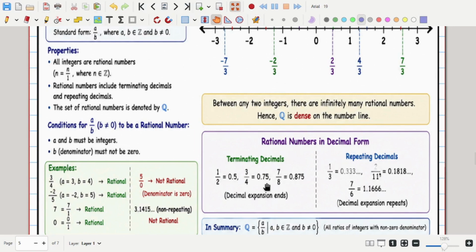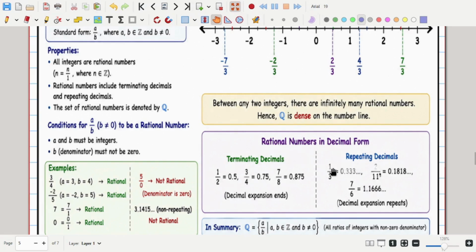After 5, the decimal terminates. 7 by 8 is equal to 0.875. After this, the decimal terminates. So the decimal expansion ends. Therefore they are called terminating decimals, and these numbers are considered rational numbers.